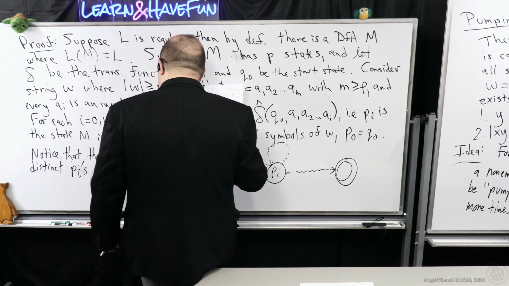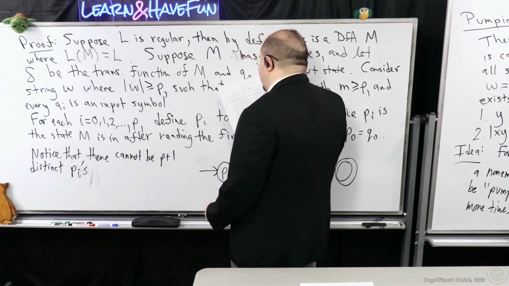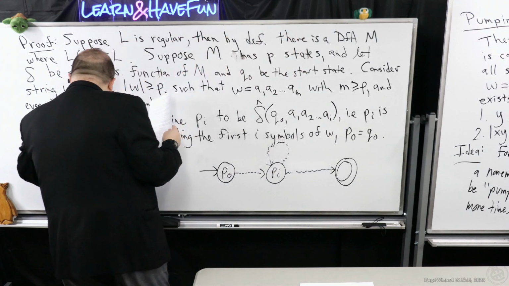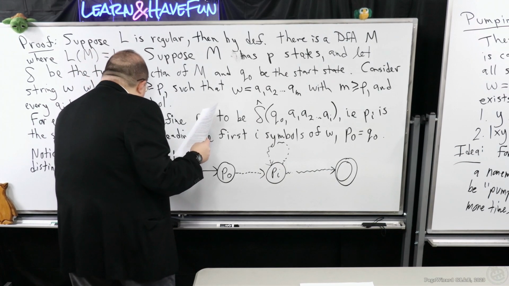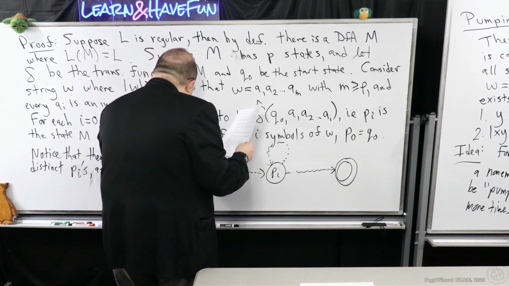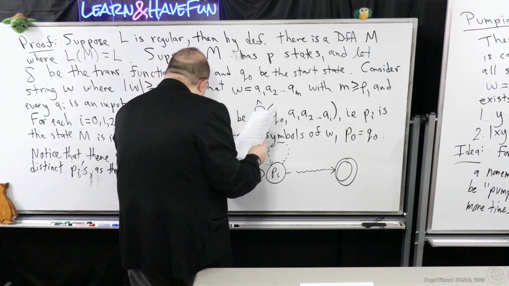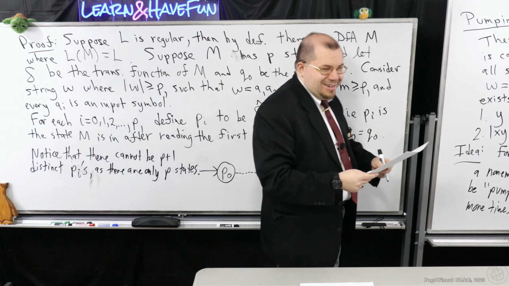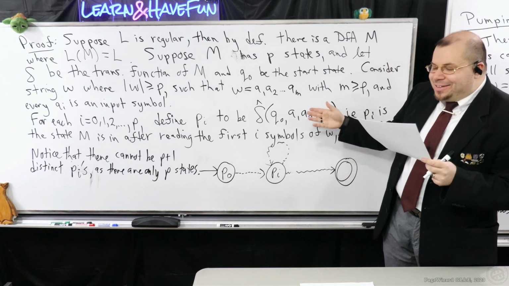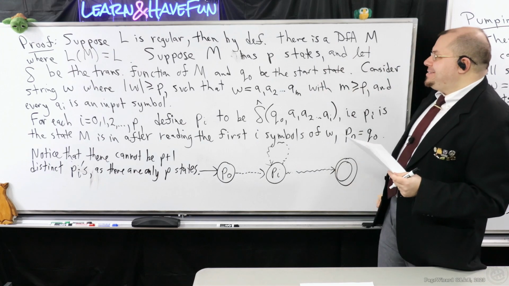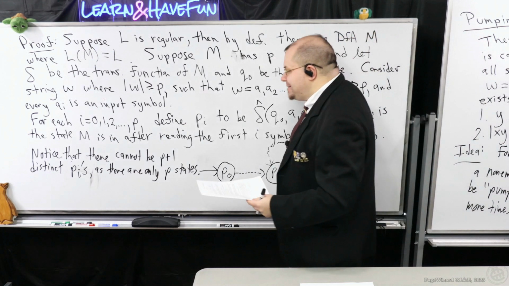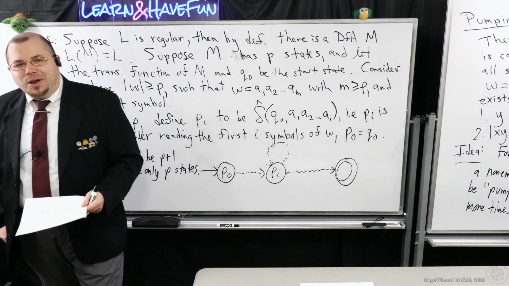There cannot be P plus 1 distinct Pi's, as there are only P states, namely the pumping length states, right? There's only that many.